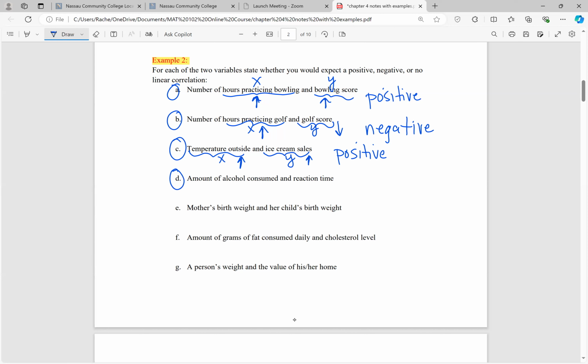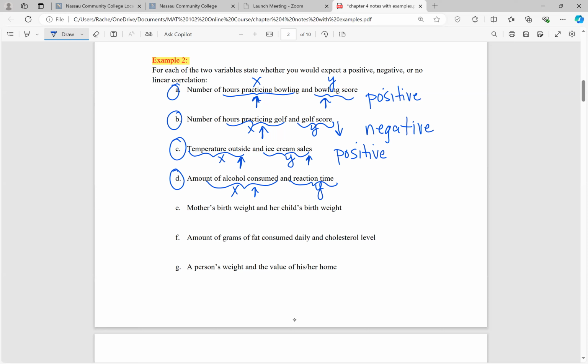It says the amount of alcohol that you consume and your reaction time. So your reaction time is definitely going to depend on how much alcohol you have, right? So let's imagine what's going to happen as the alcohol goes up. The more alcohol you consume, what's going to happen?